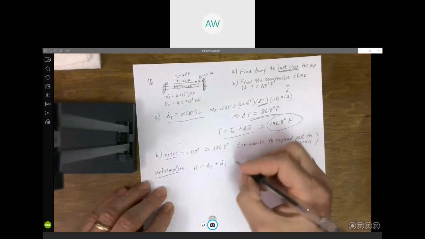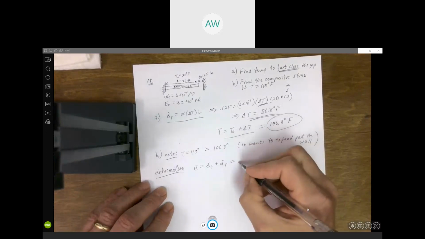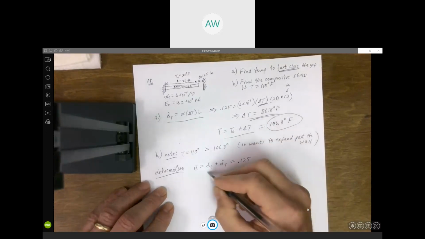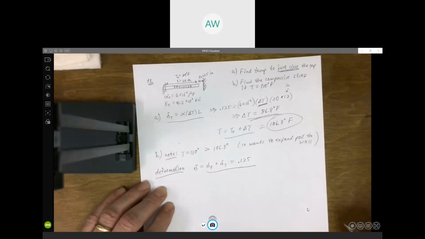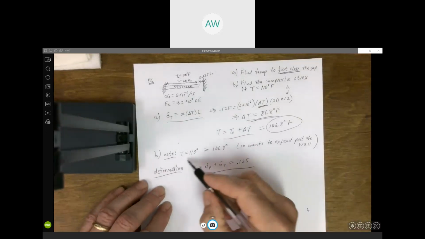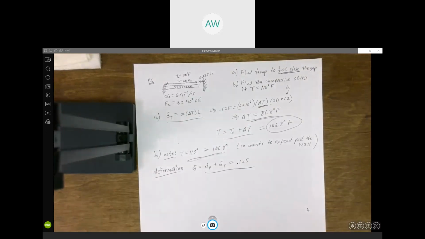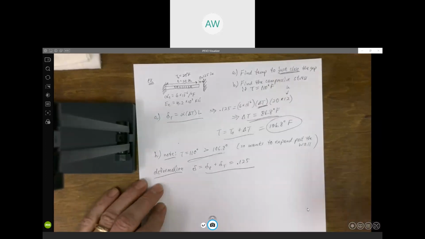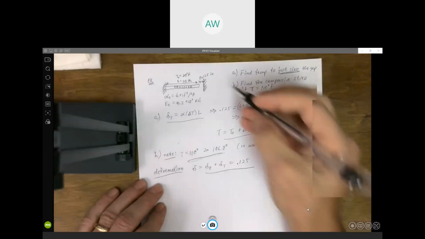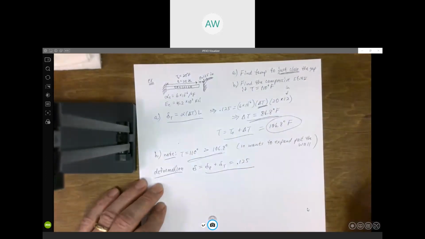And that's got to be equal to 0.125 inches. Since, again, 110 is bigger than 106.8, it's going to get to the wall, but it can't go any further. So the total deformation is going to be 0.125 inches.